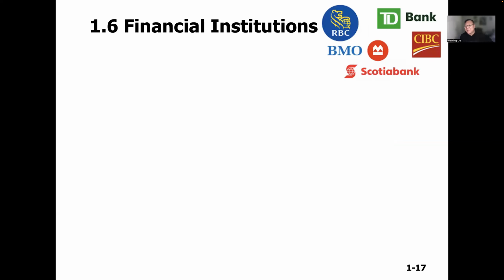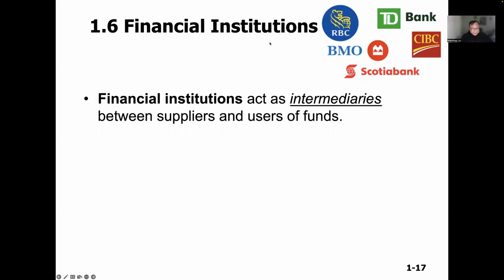Financial institutions. In Canada, RBC, Royal Bank of Canada, is the largest, and then you have BMO, TD Bank, CIBC, and Scotia Bank. These are the 5 largest banks in Canada. In fact, I think I have used all of them. What are these financial institutions?